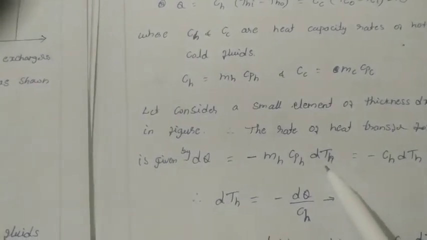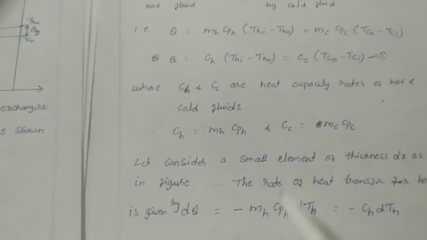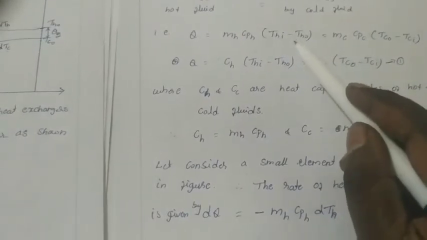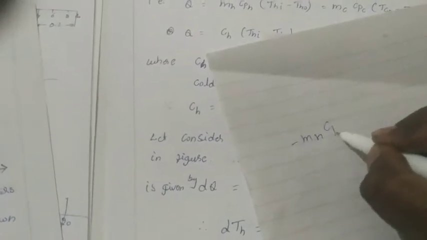You can ask a question, sir, why are you taking the minus sign here? Because the temperature difference is always taken as outlet minus inlet. So this becomes minus of mh Cph into Th0 minus Thi.